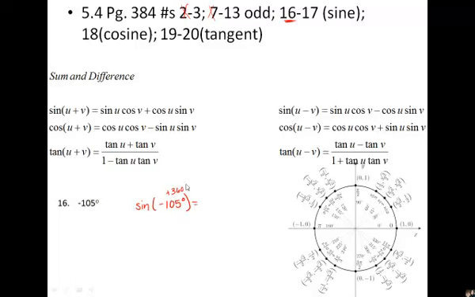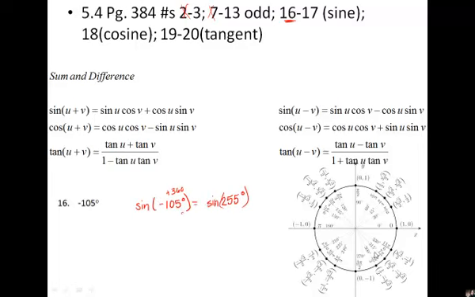Correct? So if we added these, we would get sine of 255. So the idea is this is the same exact thing as this. They are what we call coterminal angles.